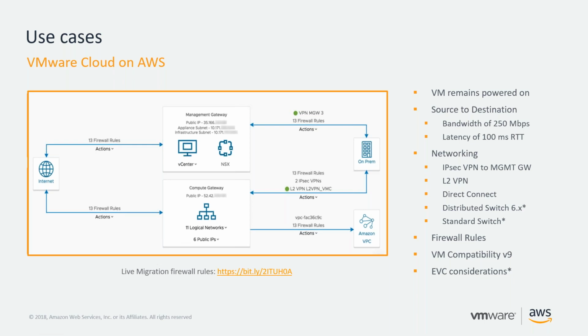And then by clicking on actions, you would have the various options that are available to you from that standpoint. And then if you wanted to go through the setup for VPN connectivity, as far as having an IPsec VPN to management gateway, or even if you wanted to leverage layer 2 VPN, you do have the option to leverage that from the GUI as well.